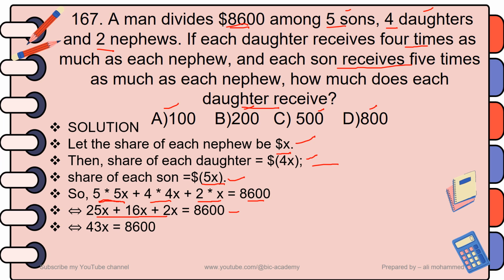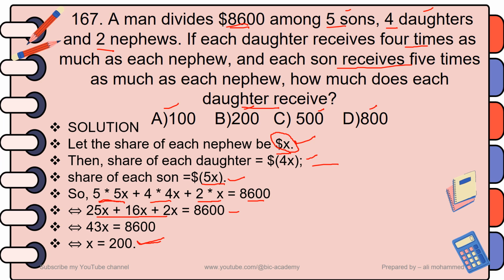Divide both sides by 43, and you get X is equal to 200. But X means the share of each nephew. Remember, in the first step we assumed that the share of each nephew is $X.